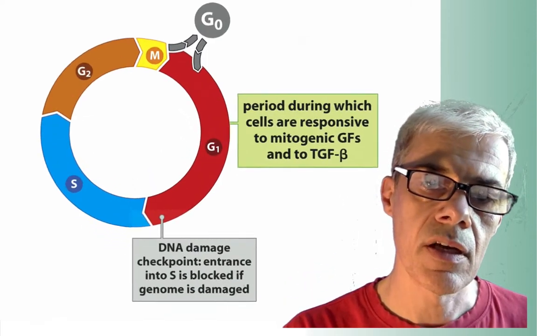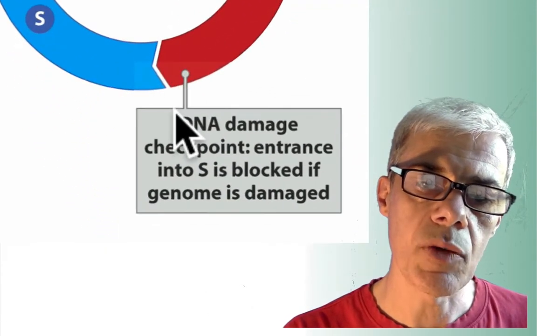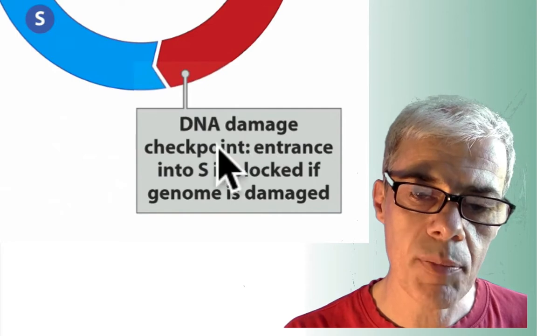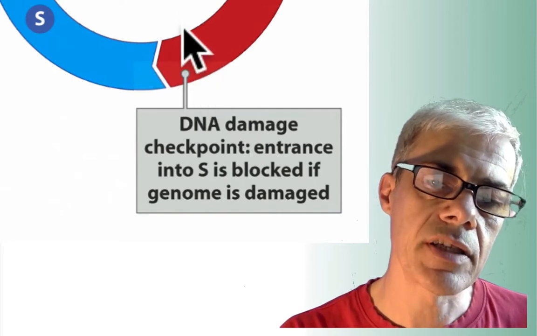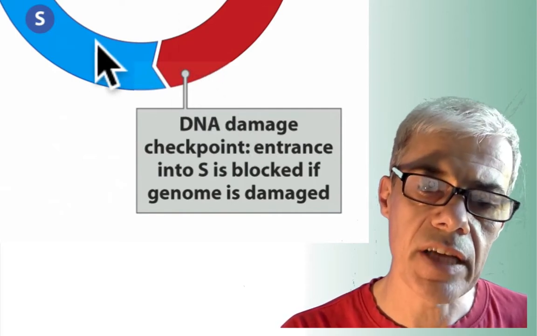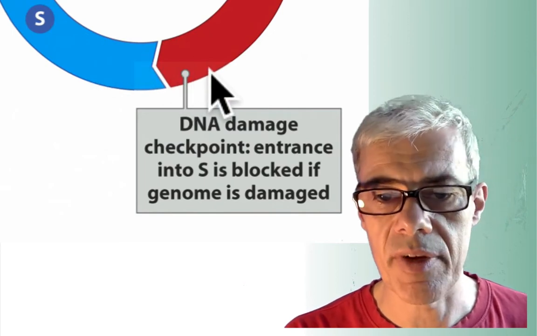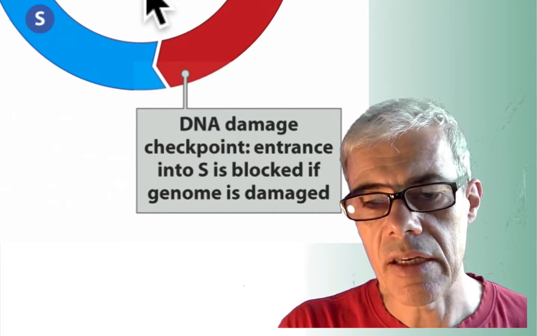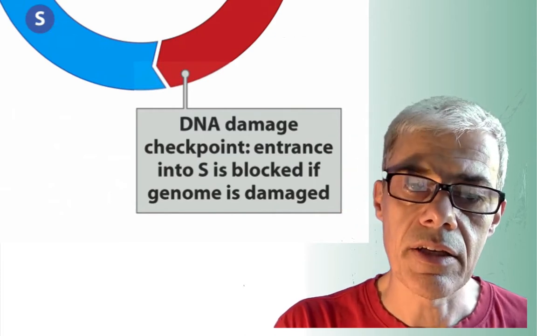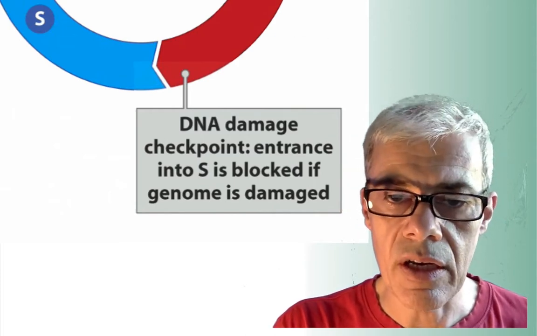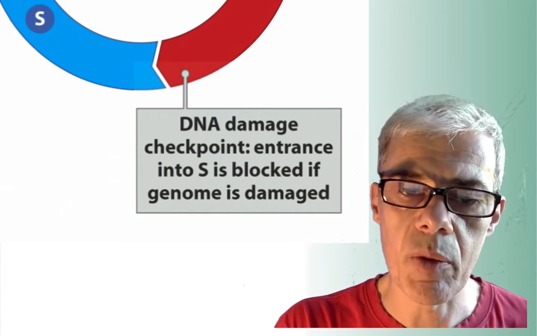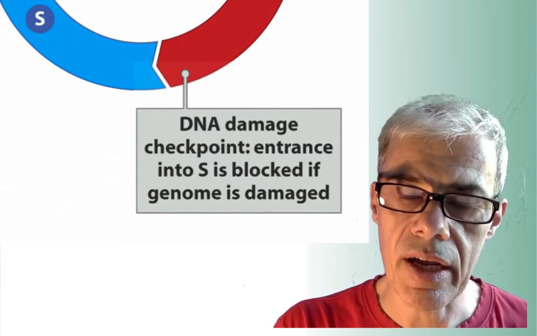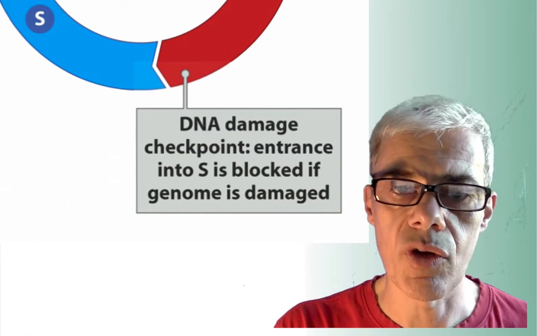So for instance, there's a checkpoint late in G1, the DNA damage checkpoint, and effectively the cell won't enter synthesis of DNA if the genome is damaged. And often this is overcome in cancer cells, and even though you've got an unstable genome and a damaged genome, the cells are still growing and proliferating in an uncontrolled way.